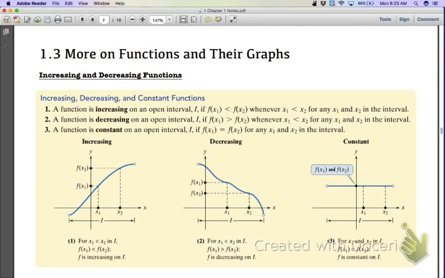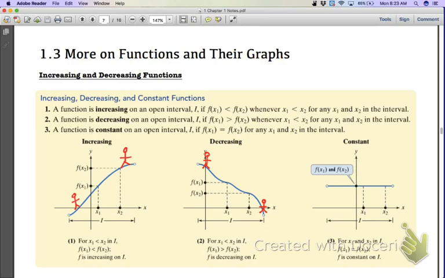The one way that I think about it is if I have a little person here on the graph, what do they have to do to get up to the top? Or if they're at the top, what do they have to do to get to the bottom? Like, where are they going?